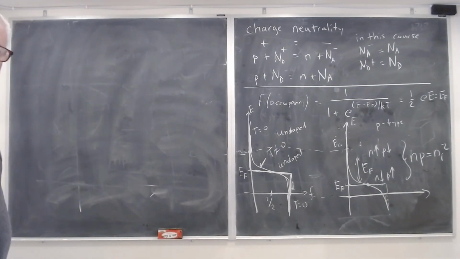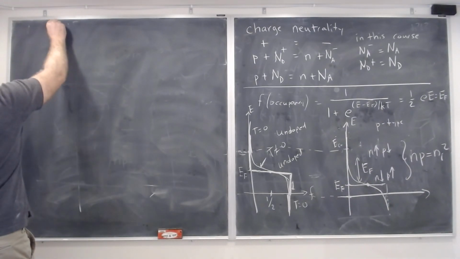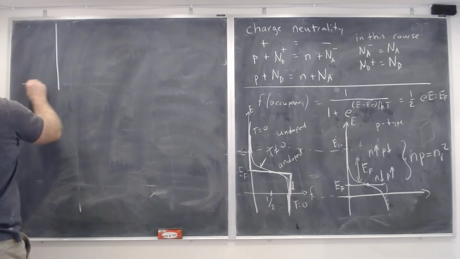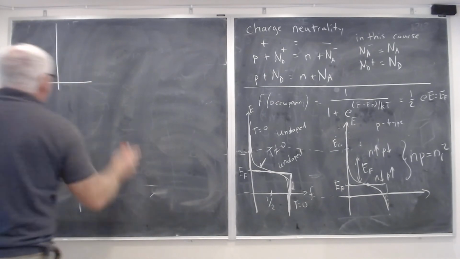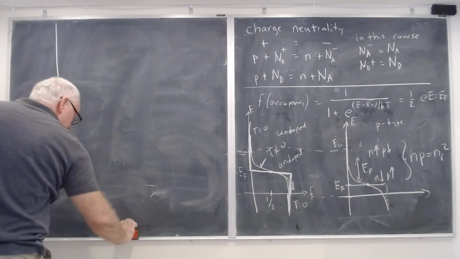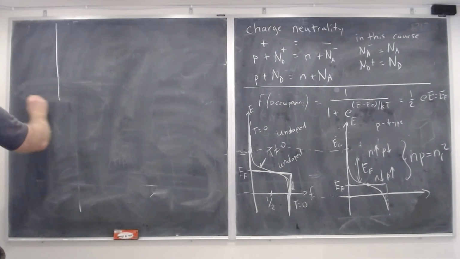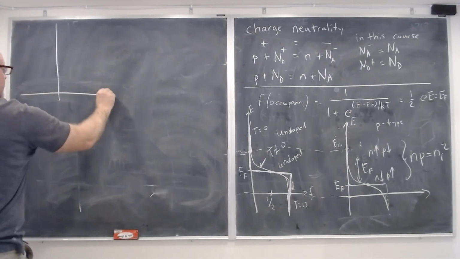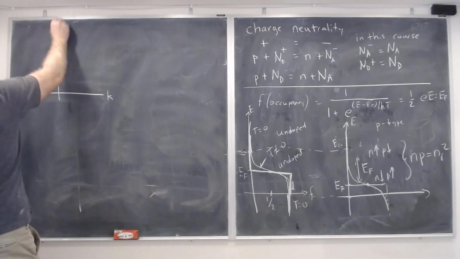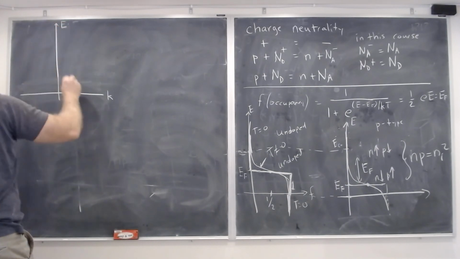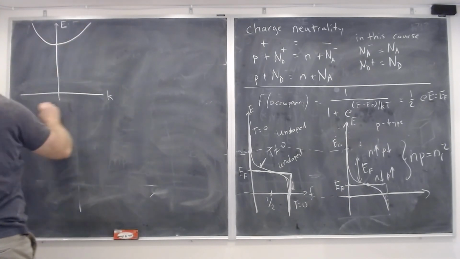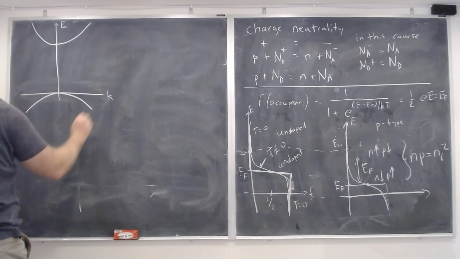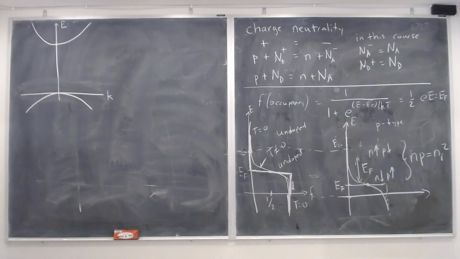Let's see if we can do that a little bit more neatly for the n-type case. Okay, so let's make it a little bit bigger. So here's E versus K. All right, there's my conduction minimum and valence band.